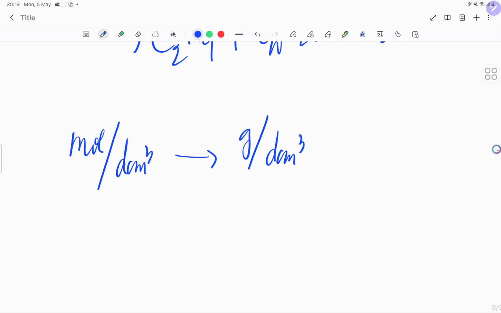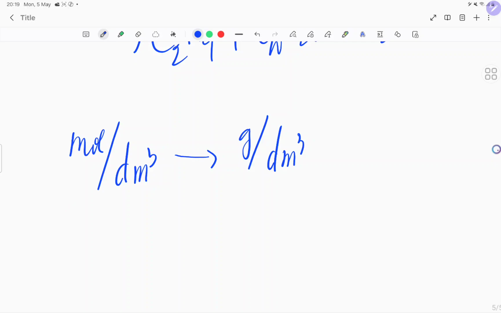Is it mass? Yes, mass. So that means you just need to convert the number of mole to the mass. In this case, you're finding the mass of the mole given here.